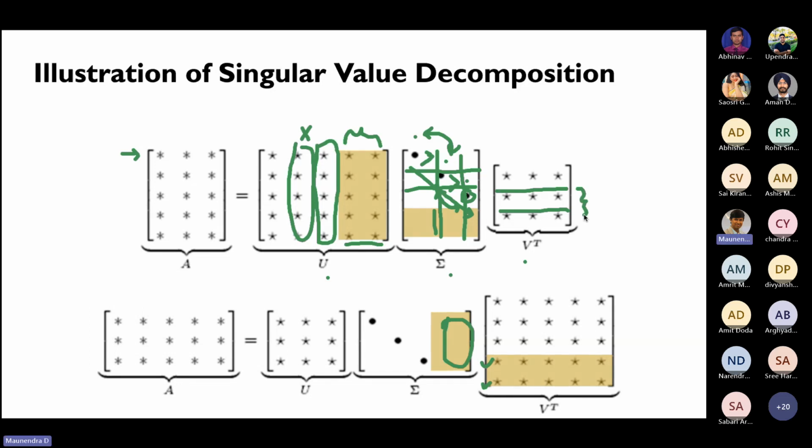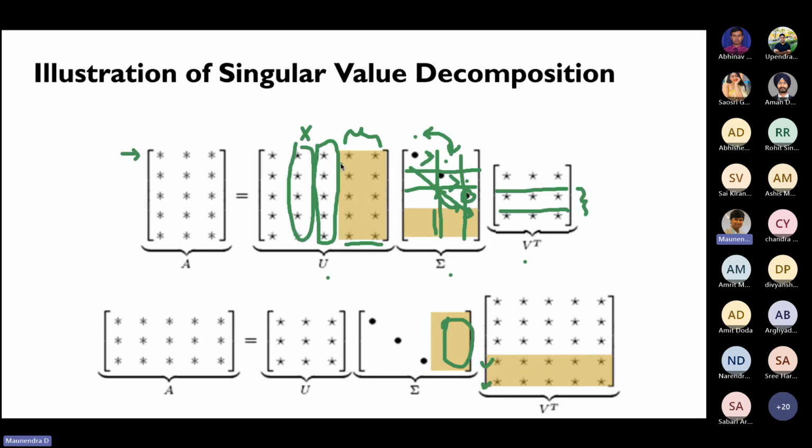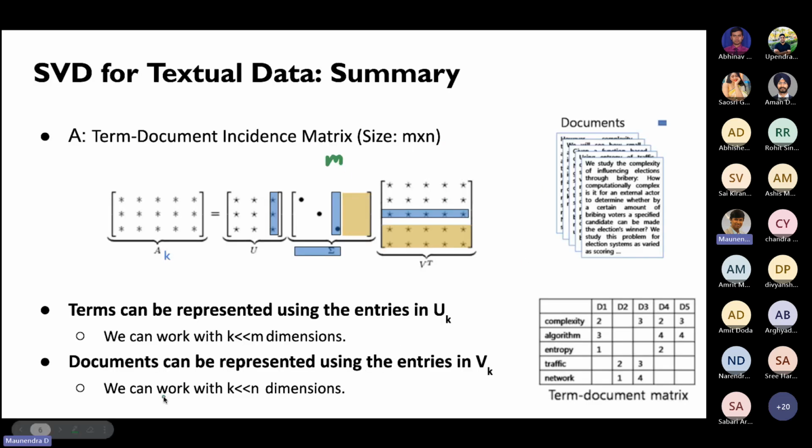Now let us try to generalize this. So we had our A, that we try to decompose using singular value decomposition as U sigma B transpose. Suppose we had some n number of singular values here.